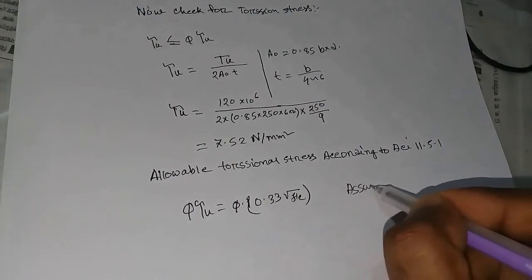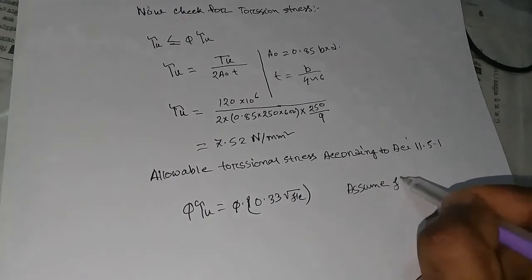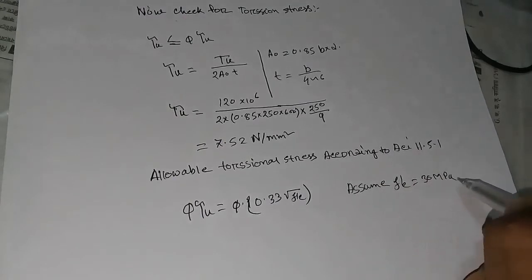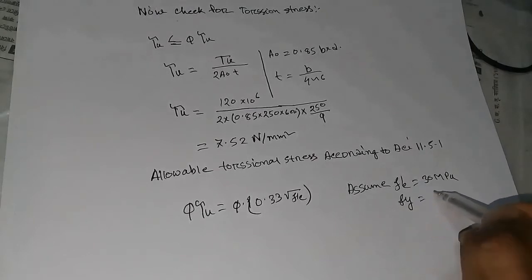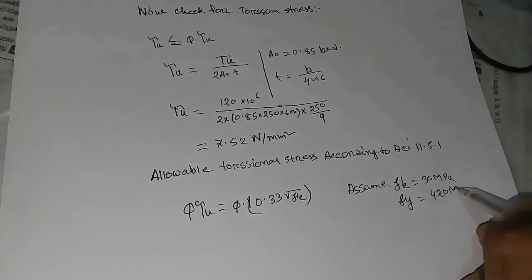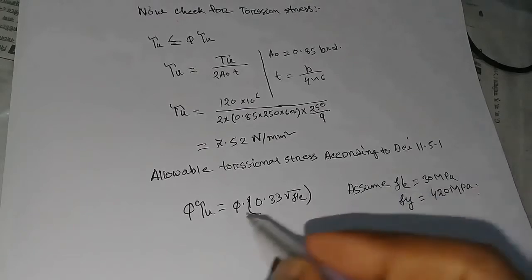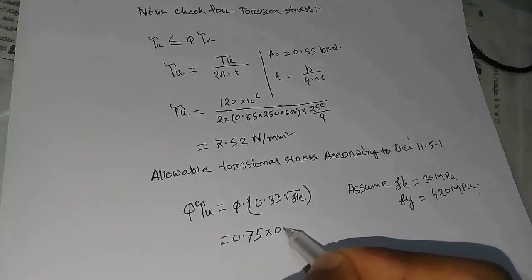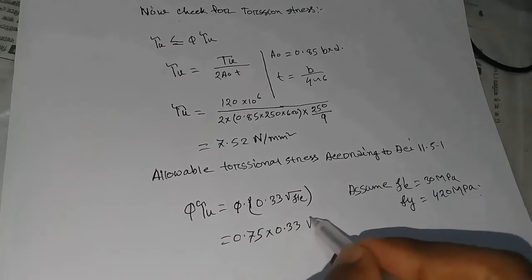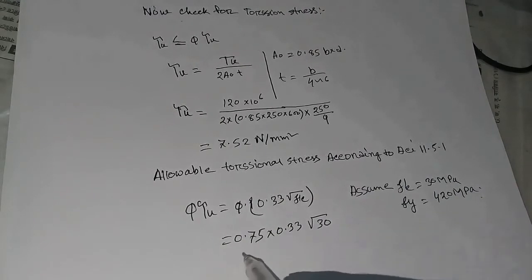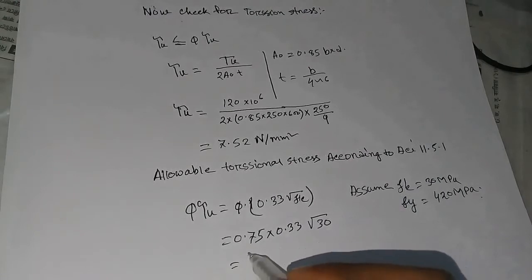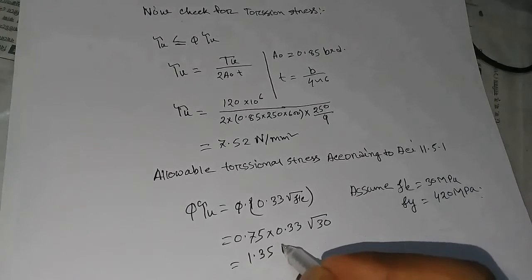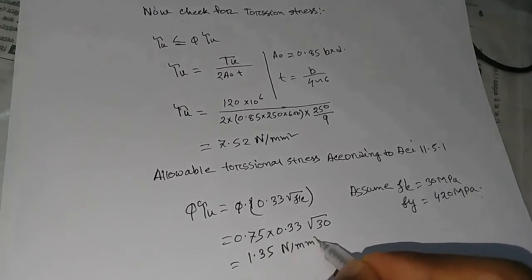Assume f prime c equal to 30 MPa and Fy equal to 420 MPa. So 0.75 into 0.33 root 30, that comes 1.35 Newton per millimeter square.